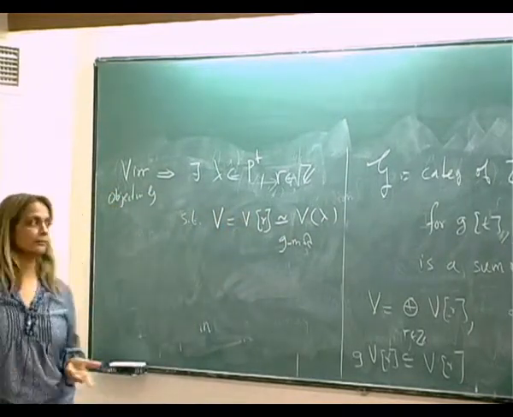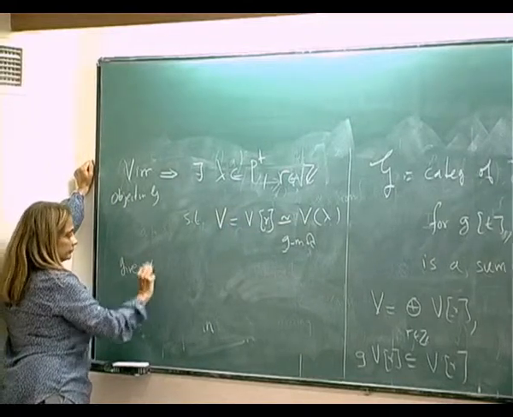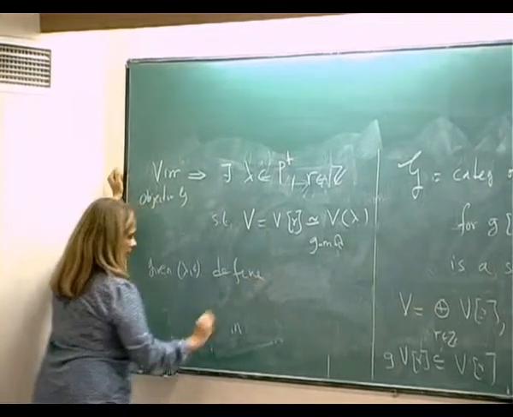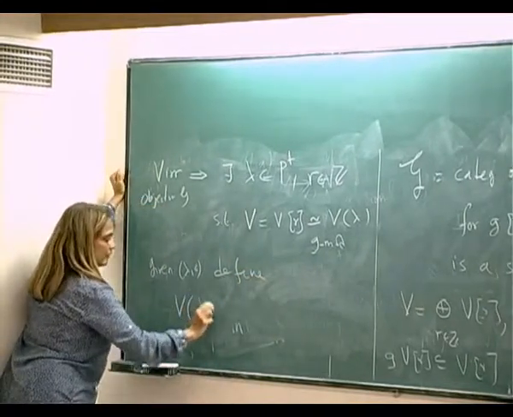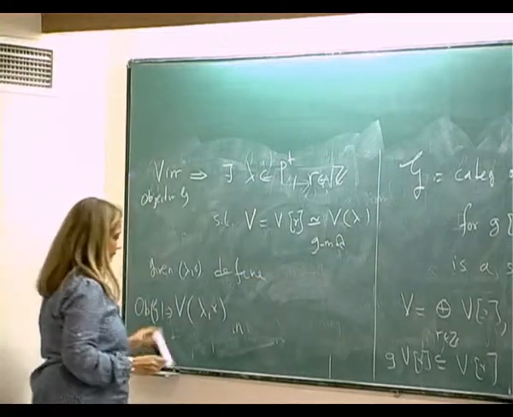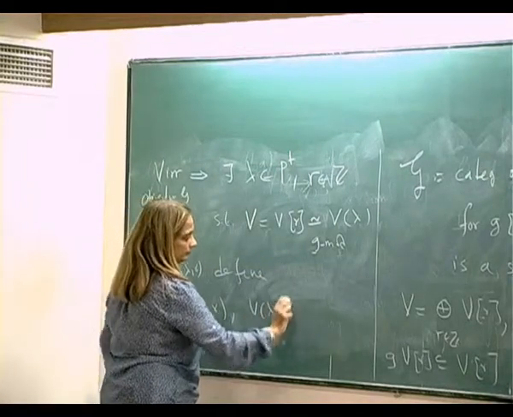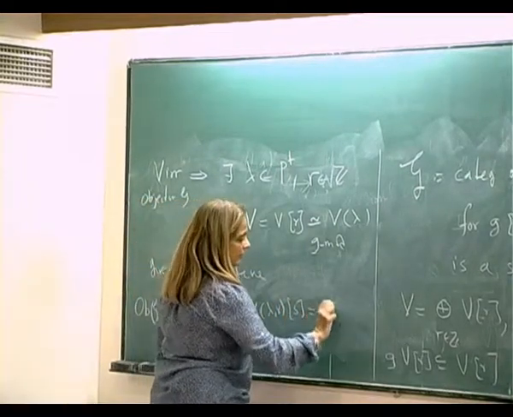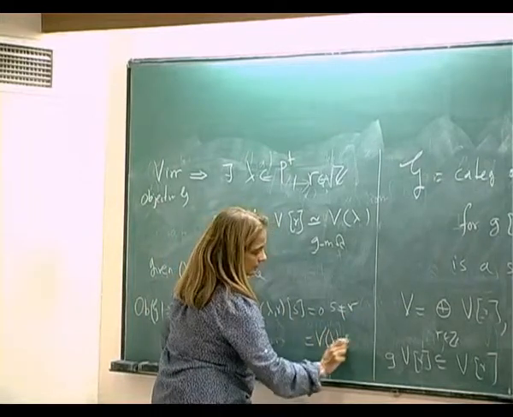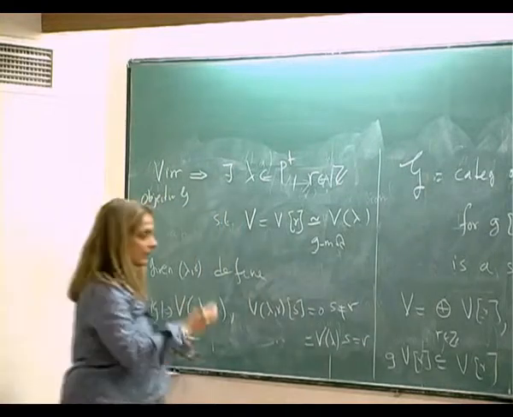And how do I go the other way? Given lambda and R, what do I do? We'll define V lambda R to be the object in G with the following properties. V lambda R on S will be 0 if S is not equal to R, and this will be V lambda if S is equal to R. And how will Xt act?